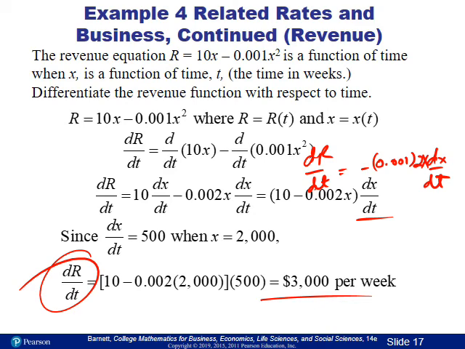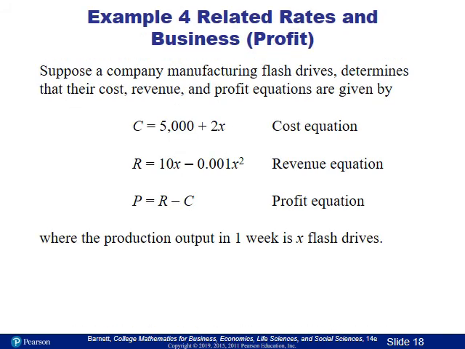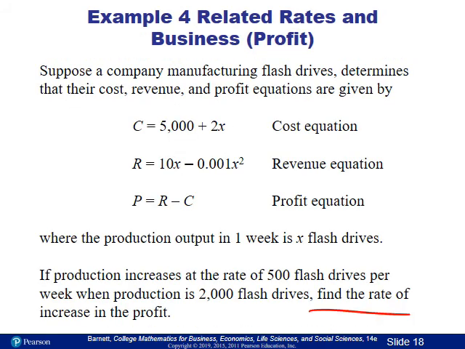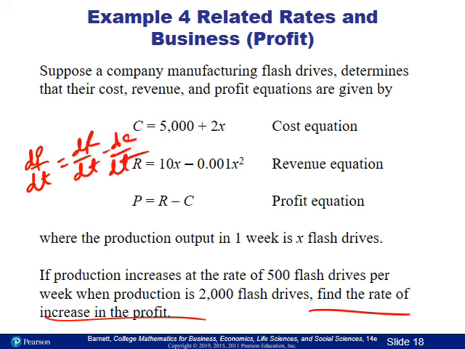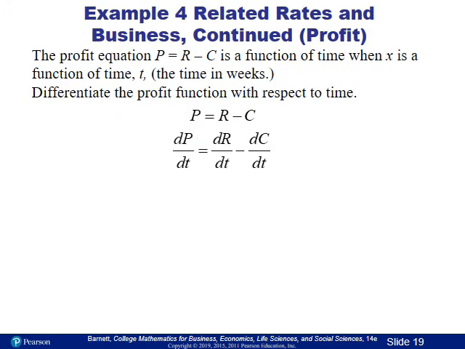Similarly, we can find the rate of increase in the profit, which means that we need to find dP/dt. So dR/dt minus dC/dt. We know dR/dt, we know dC/dt. You can substitute them here and you can get dP/dt.